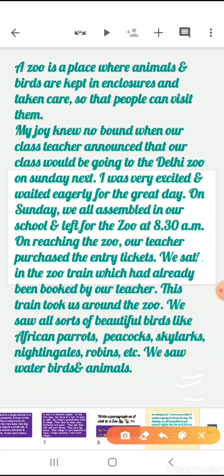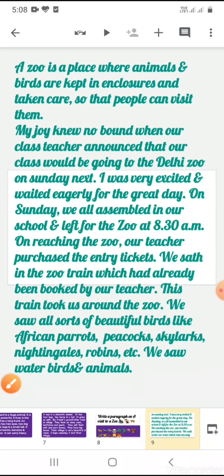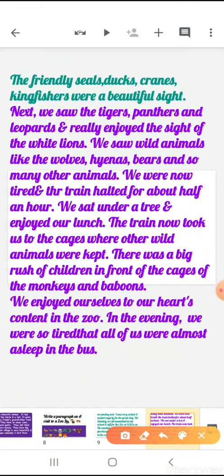We saw all sorts of beautiful birds like African parrots, peacocks, skylarks, nightingales, robins, etc. We saw water birds and animals. The friendly seals, ducks, cranes, kingfishers were a beautiful sight.